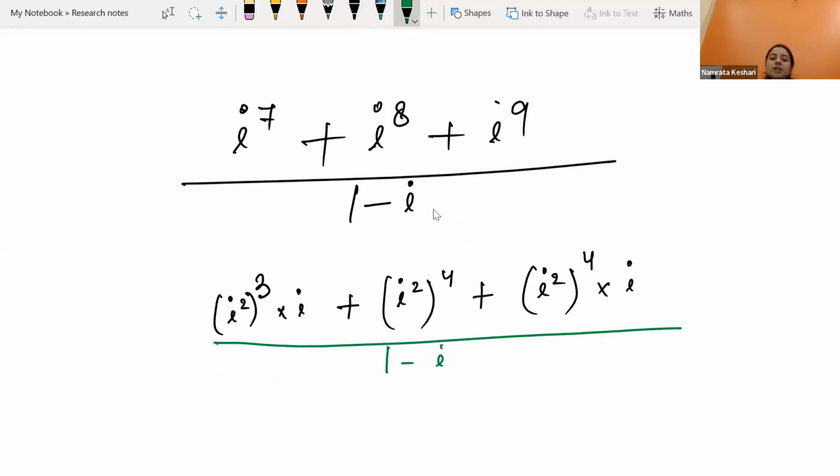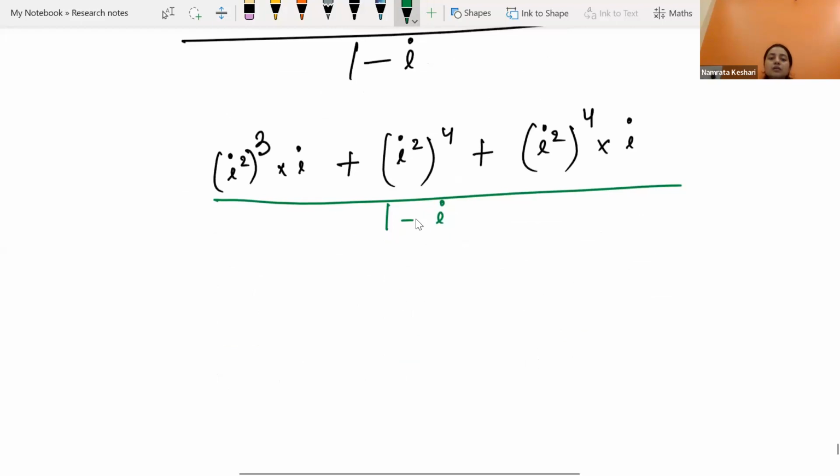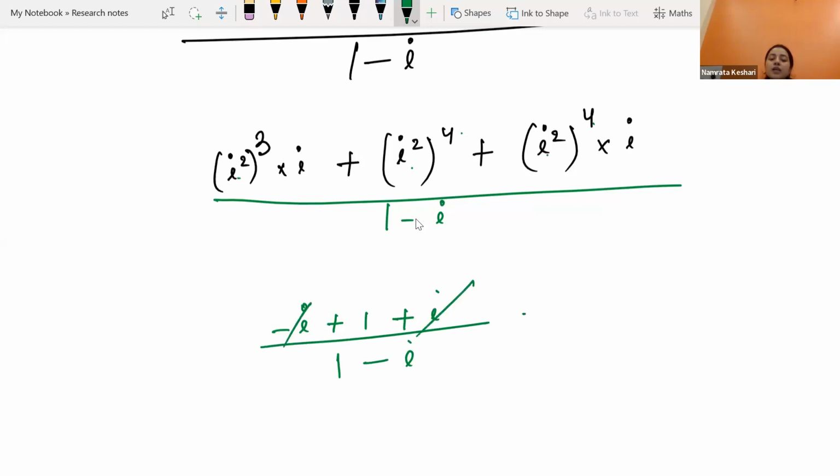1 minus i, we cannot do anything. Okay. i square is minus 1, to the power 3 it will be minus i. i square to the power 4 will be just plus 1. i square to the power 4 into i will be just plus i. So the numerator becomes minus i plus 1 plus i, which is 1, over 1 minus i. We are having 1 by 1 minus i.